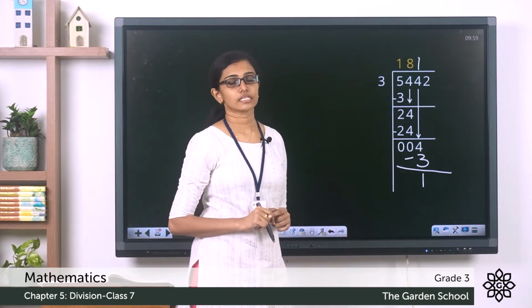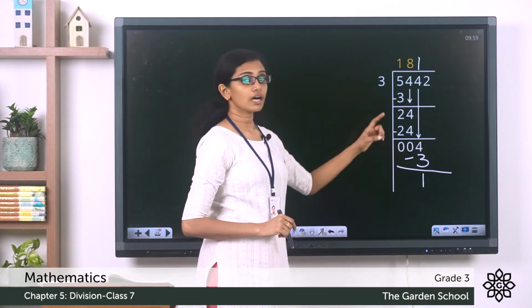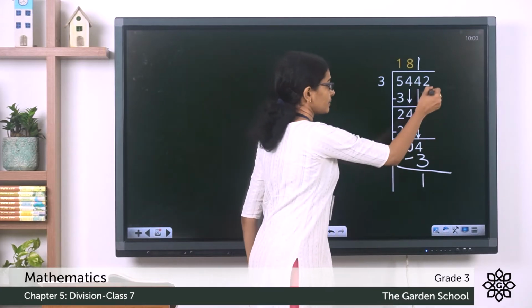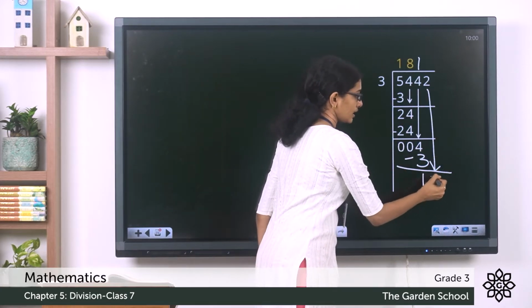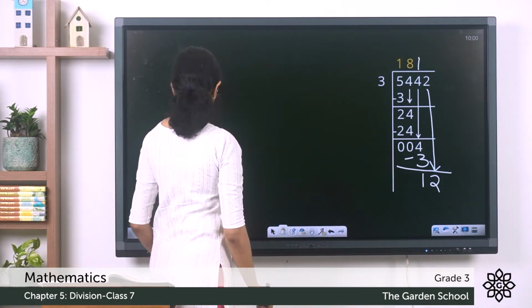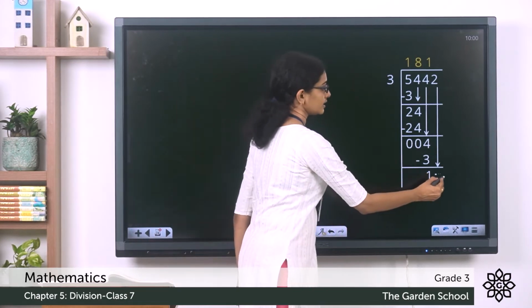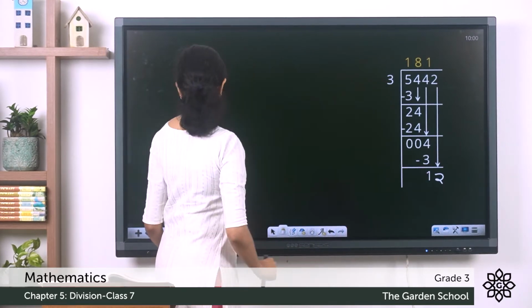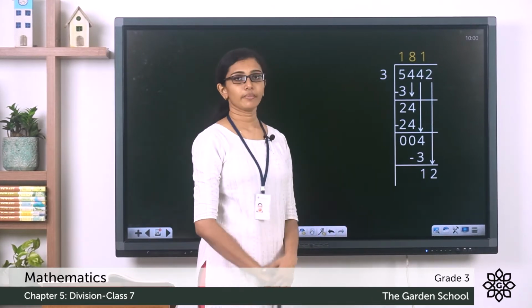And there is one more digit to bring down, which is the digit at the 1's place of the dividend, or the digit 2. So let's bring down this 2 here, and we have 12 now. Now the next step is to divide this 12 by this 3. 12 divided by 3.